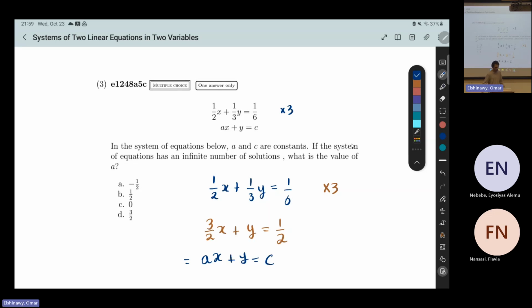Then, if I choose a to be 3/2, the coefficient of y is the same as the coefficient of y, and the coefficient of x is the same as the coefficient of x, and the constant we don't need to worry about. Then we have the exact same equation, and we can say, yes, this will give us the exact same equation, which will have an infinite number of solutions.